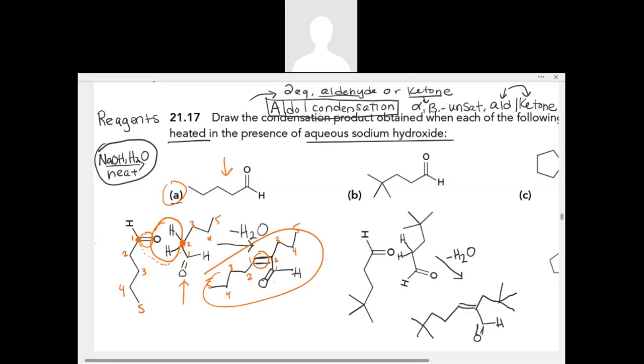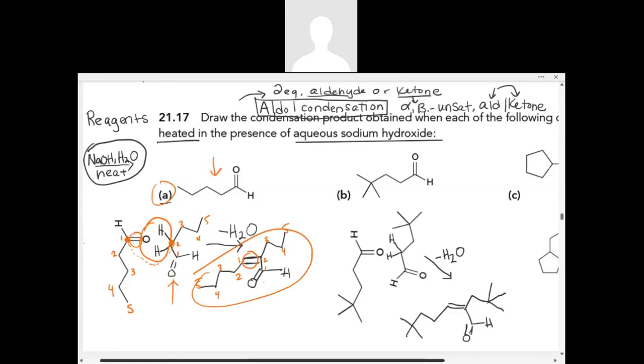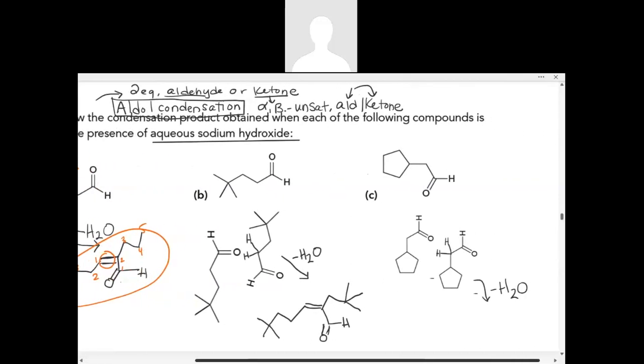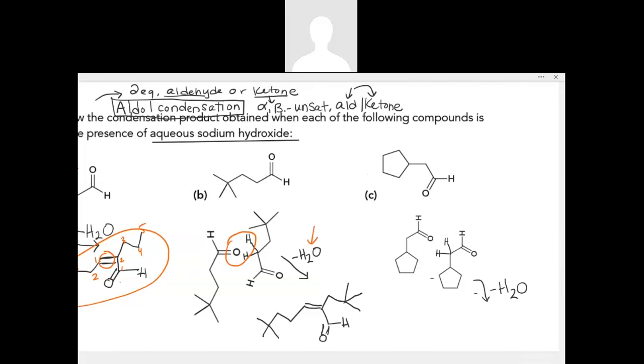We'll move a little bit faster now that we know what to expect. Again, the same reagents, aqueous sodium hydroxide and heat. We orient our two equivalents of our aldehyde so that we don't really have to focus on the mechanism. We can just do this condensation by removing water, and then we're going to combine these two equivalents of this aldehyde.